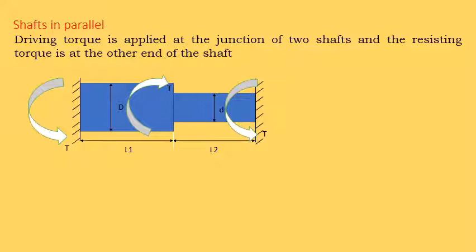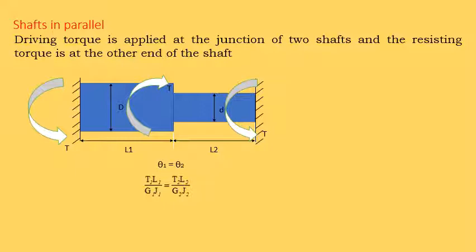In this case, it is convenient to ensure that the angle of twist is the same for both the shafts, but the applied torque is shared between the two shafts, that is theta 1 is equal to theta 2. Theta can be written as TL by GJ.